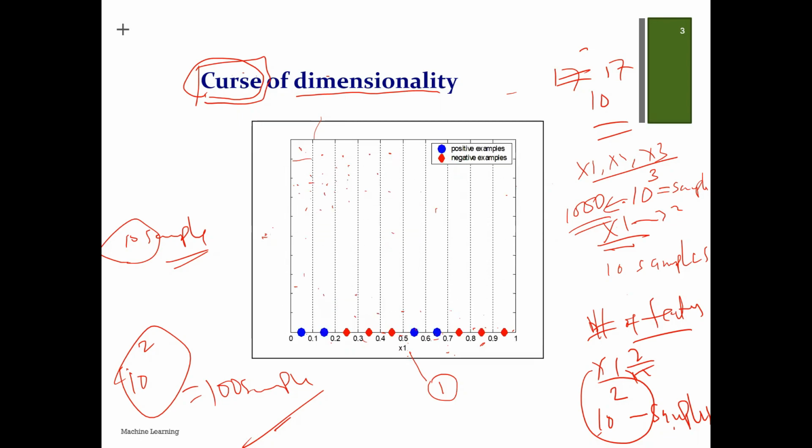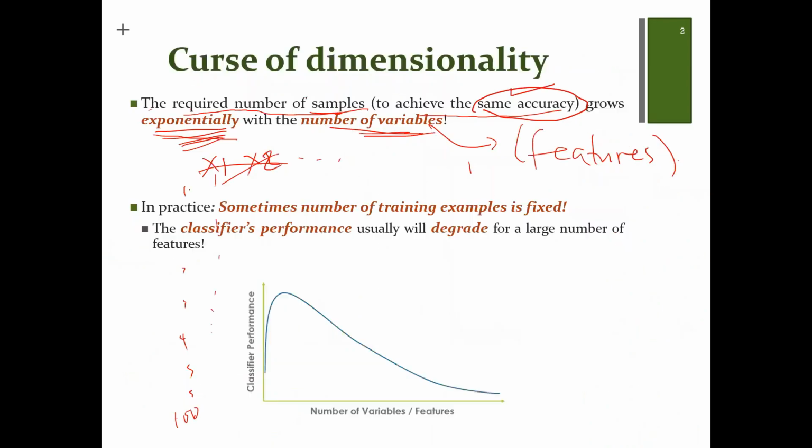Now, the required number of samples to achieve the same accuracy grows exponentially with the number of variables.